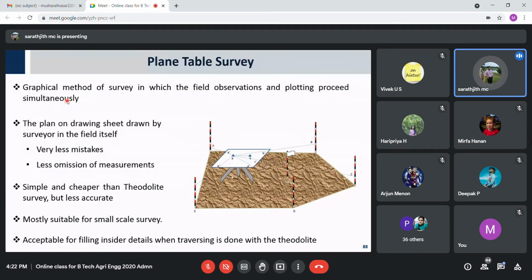You map all the minute features you want, because you will be marking on the field itself, so the chance for missing important information will be very less. This is clear to you?